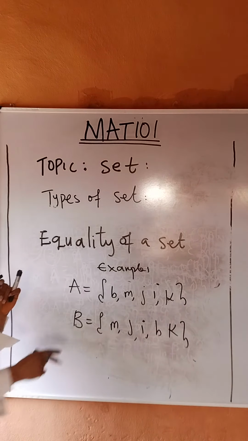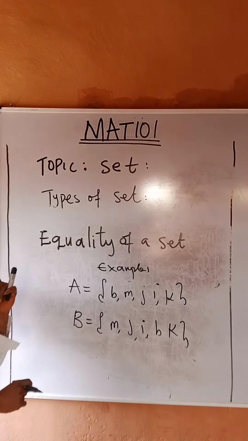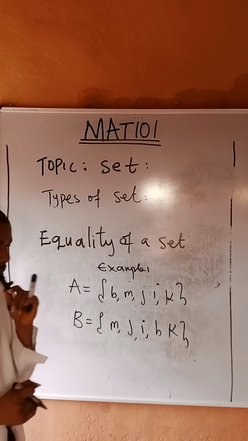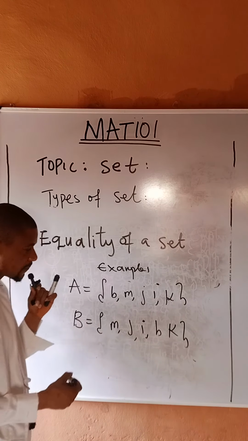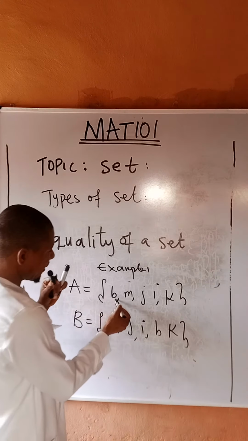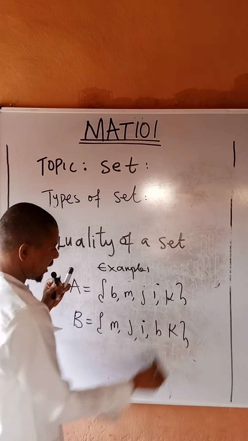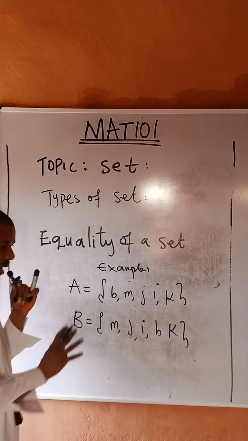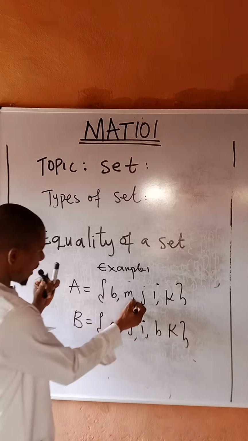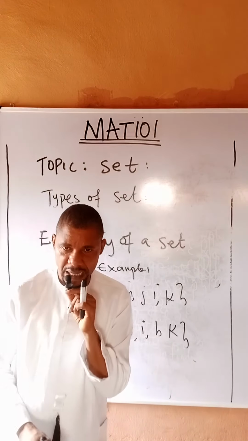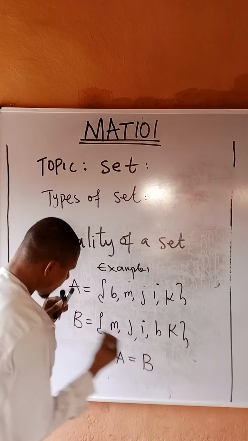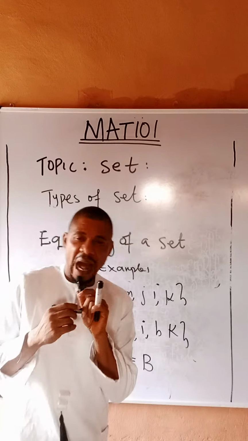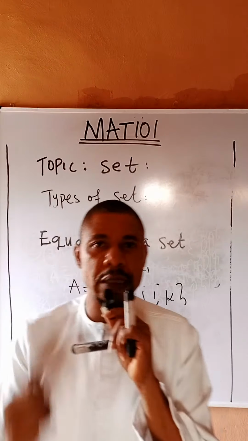You are asked to testify whether this set A is equal to B. Yes, of course, this set A is equal to B. This is because everything that is found in A can also be found in B. The same things are here. So because of this, we say that set A is equal to set B.